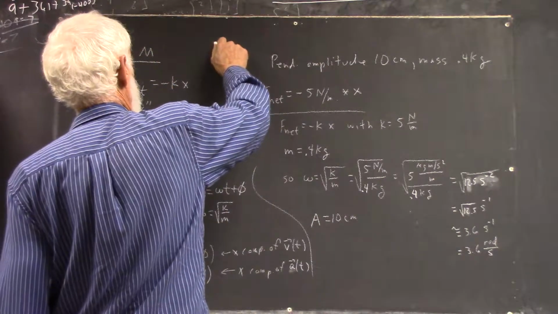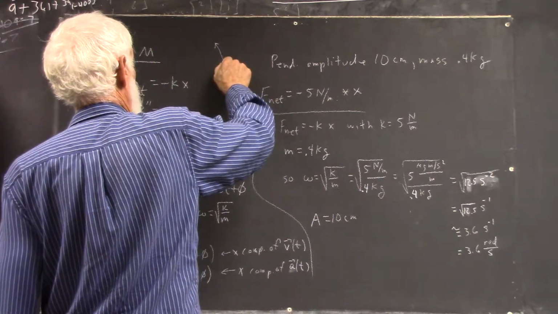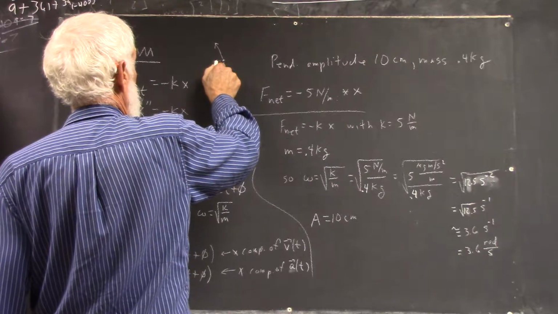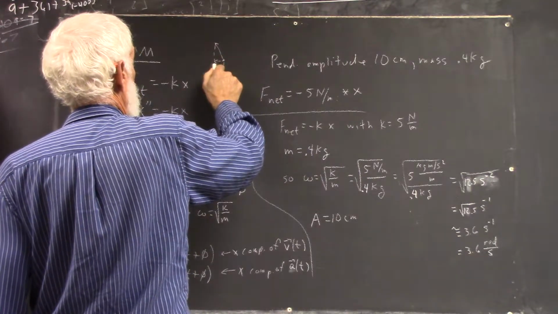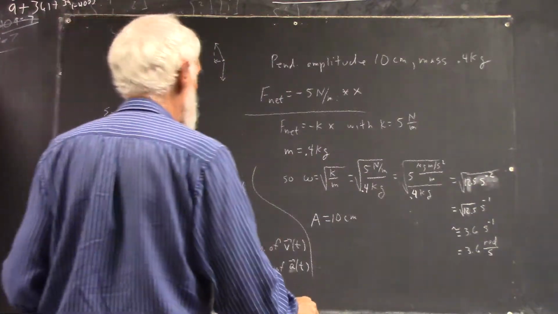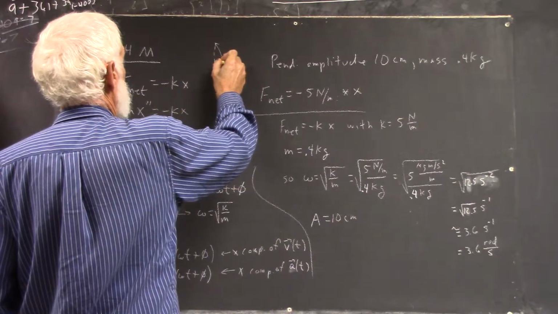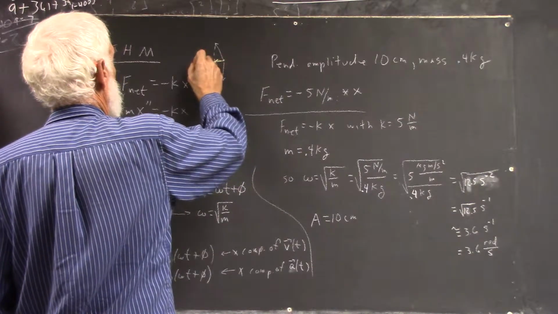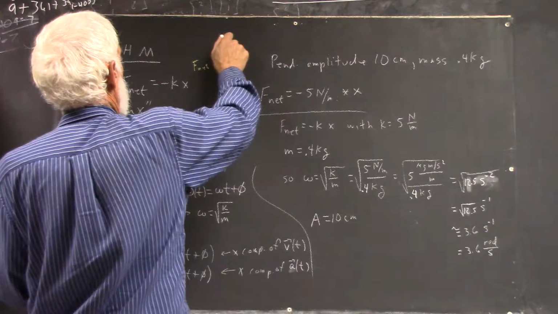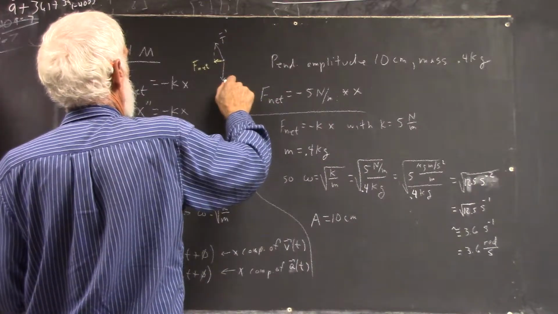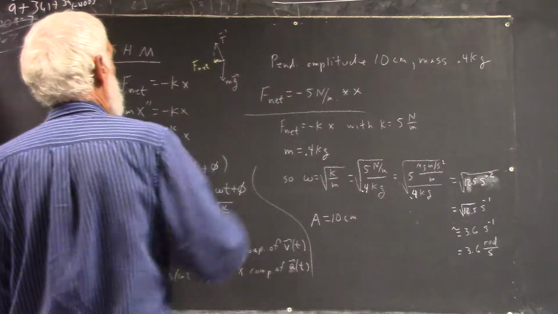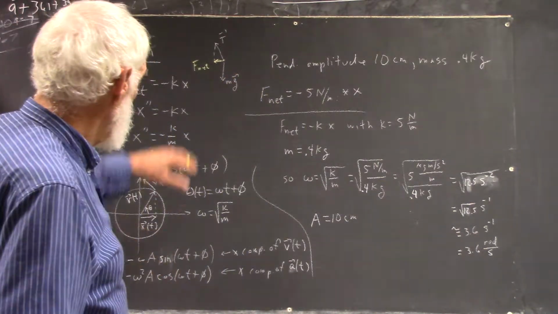You have a tension force, and you have the gravitational force, and you have this unbalanced component of the tension force, right? So this is your net force. Here's your tension force, and here's your gravitational force, which is the gravitational acceleration vector, okay?